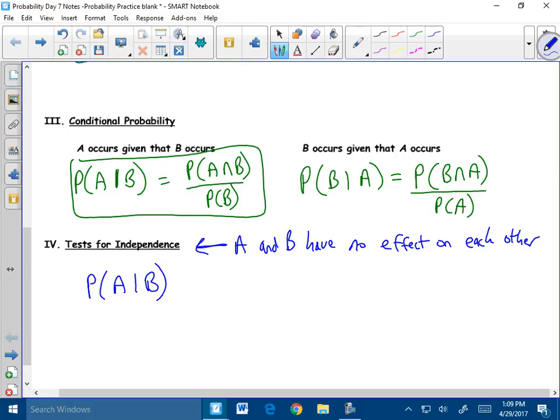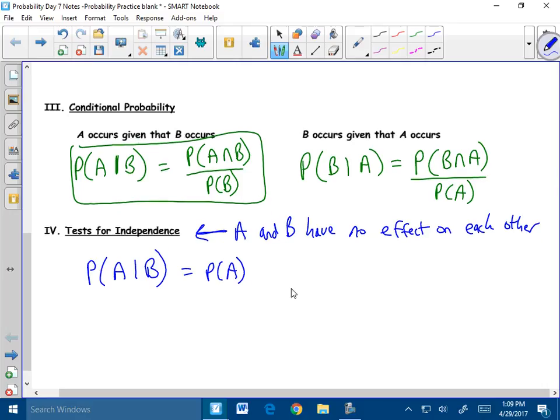Because if A and B are independent events, when you try to figure out the probability of A given B, you're just going to end up with the probability of A again, because B had no effect on it whatsoever. So if probability of A given B is equal to probability of A, then A and B are independent.